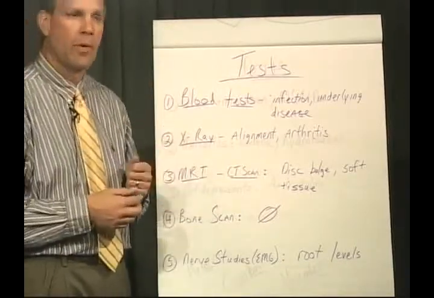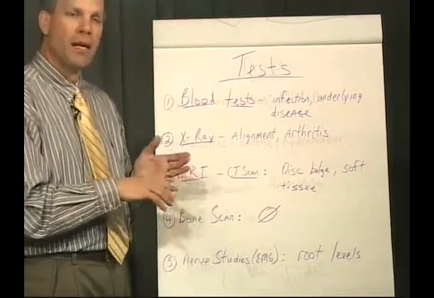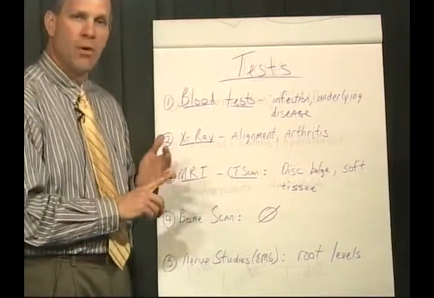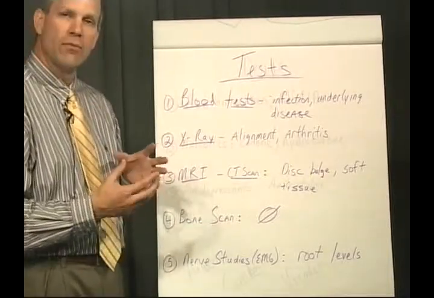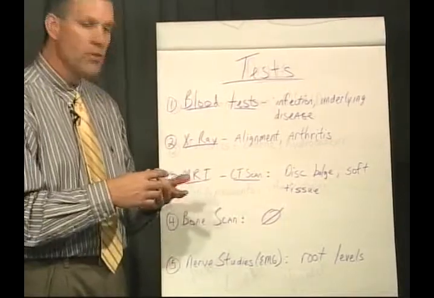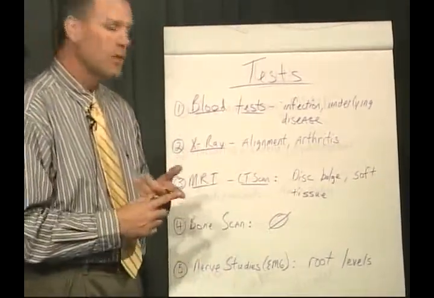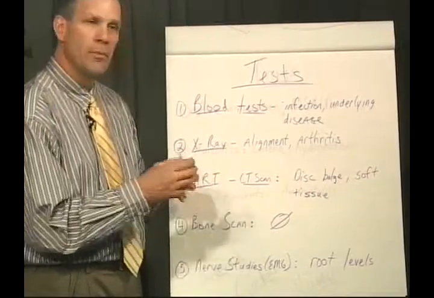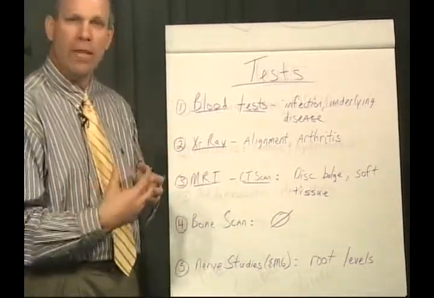Okay. Next level up from that would be magnetic resonance imaging, MRI, and CAT scans, CT scans. These types of tools allow us to get a much better understanding of soft tissue, and the discs themselves are actually soft tissue. We're able to see where a disc would be bulging from a herniation.